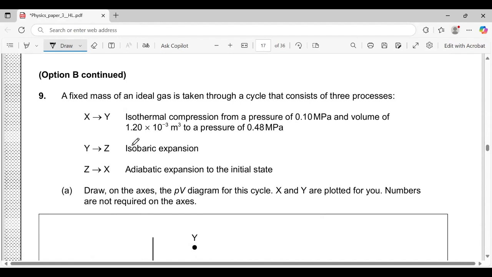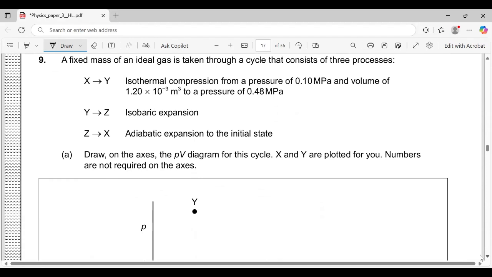Y to Z is isobaric expansion. Z to X is adiabatic expansion to the initial state. Draw on the axes the pressure-volume diagram for this cycle. X and Y are plotted for you. Numbers are not required on the axes.